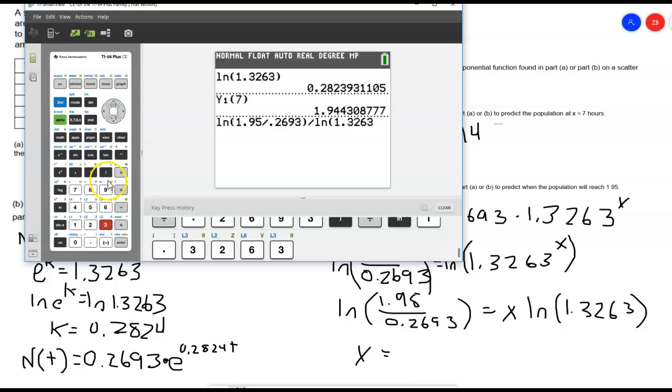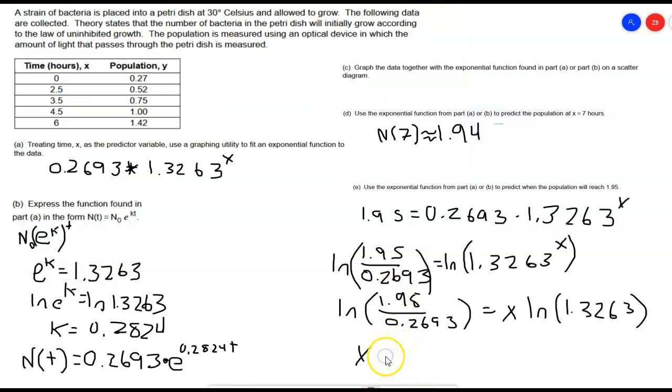And I get 7.01. So x is approximately 7.01 hours.